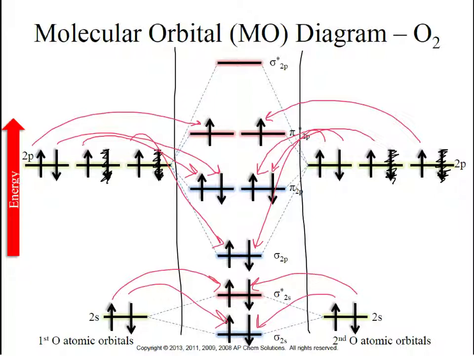It can be lazier that way. Also, from this MOT diagram, you can see that oxygen gas is paramagnetic. It has these 2 unpaired electrons in separate molecular orbitals. Just like with individual atoms, we would say that oxygen is paramagnetic. It would be attracted to a magnetic field due to these unfilled orbital regions, or unpaired electrons.